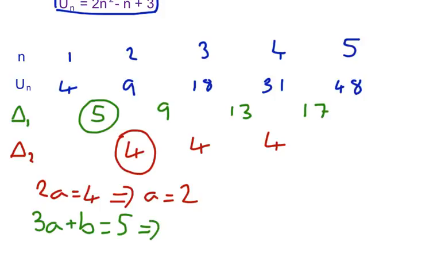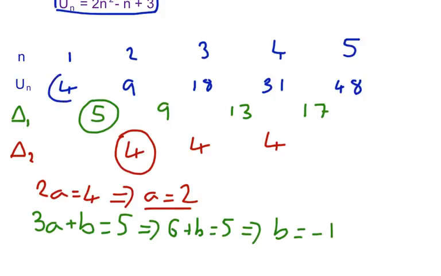But we know that a is equal to 2 because we worked it out in the last part. So we've got 3 times 2, so that's 6, plus b equals 5, which gives us b is equal to minus 1.